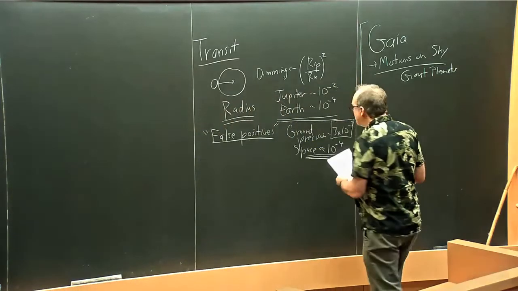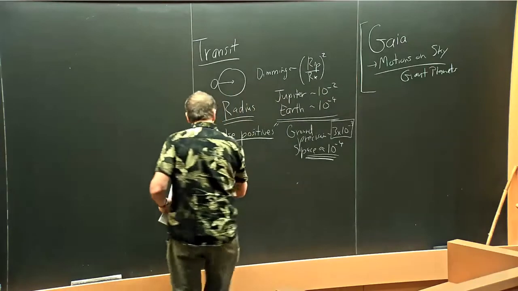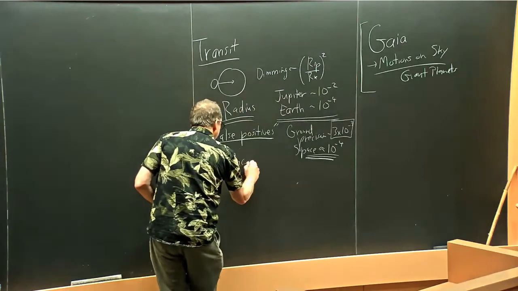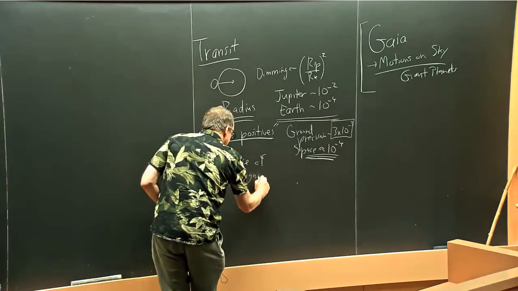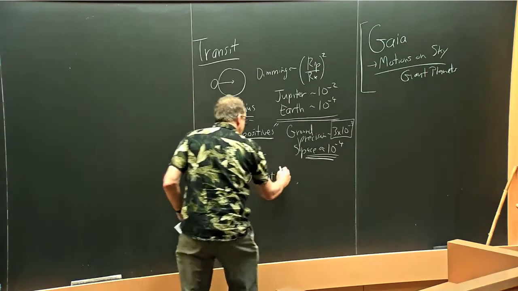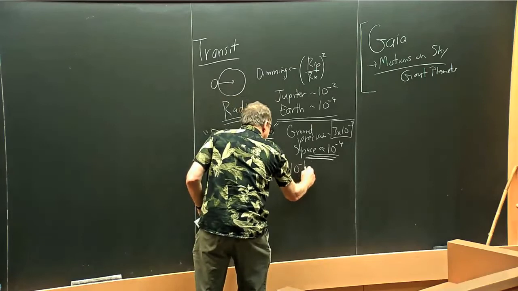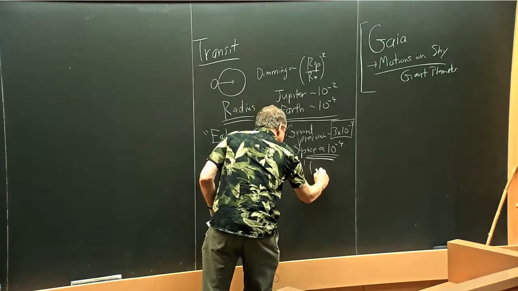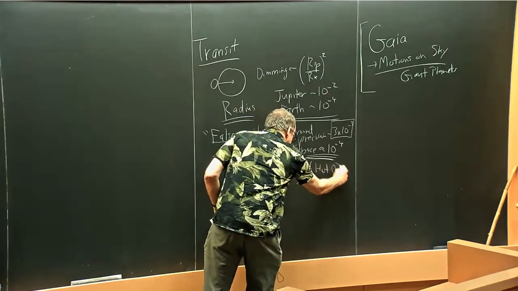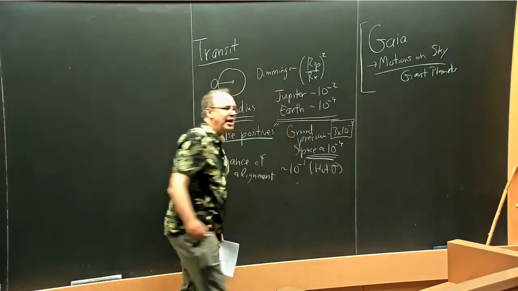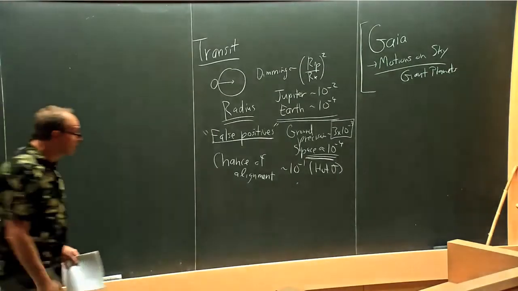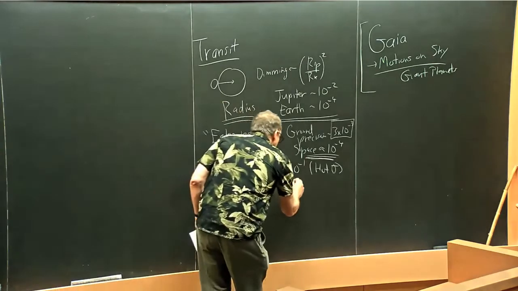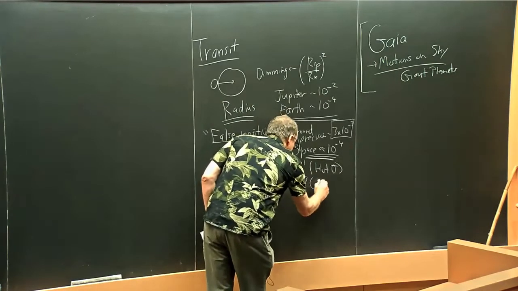Now, one of the characteristic limits here is that you have to worry about the fact that you have a relatively small chance of an alignment. This can be as high as about 10 to the minus 1 for basically a hot Jupiter. So if you have an extremely large planet very, very close to a star, you might have up to a 10% chance of having one of these eclipses happening. And this is more like 10 to the minus 3 for a true Earth.